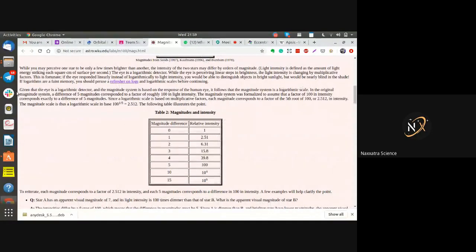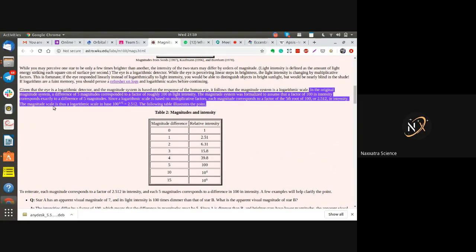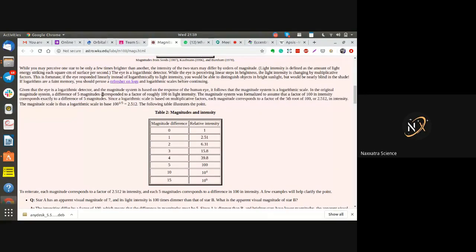So given the eye is a logarithmic detector and the magnitude system is based on the response of the human eye, it follows that the magnitude system is also a logarithmic scale. In the original magnitude system, a difference of 5 magnitudes corresponded to a factor of roughly 100 in light intensity. Okay, what does this mean?